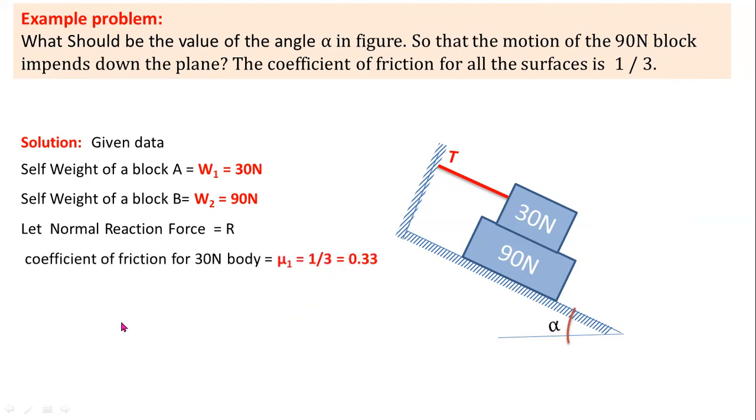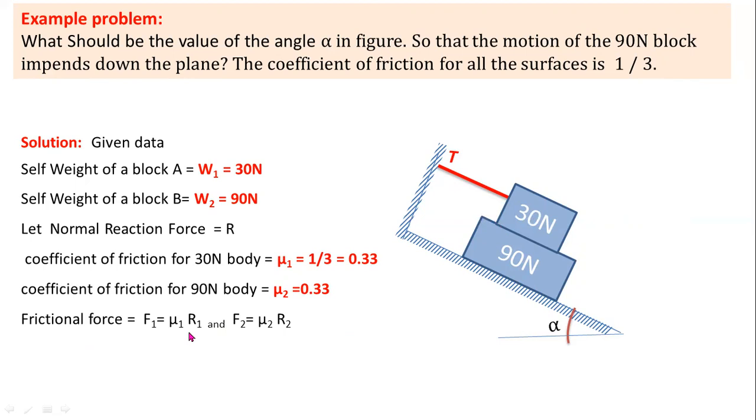Mu1 is the coefficient of friction between blocks A and B. Mu2 is the coefficient of friction between the block of 90 newtons and the inclined surface.